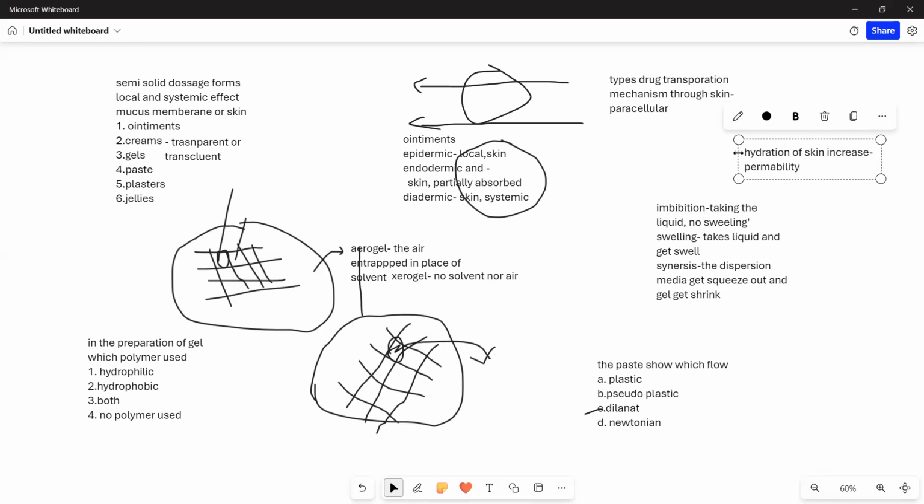What will be the permeability? Will it increase or decrease? It will increase. Great, great, guys. If the thickness of the skin is increased, then the permeability decreases. Great, great, great, guys.